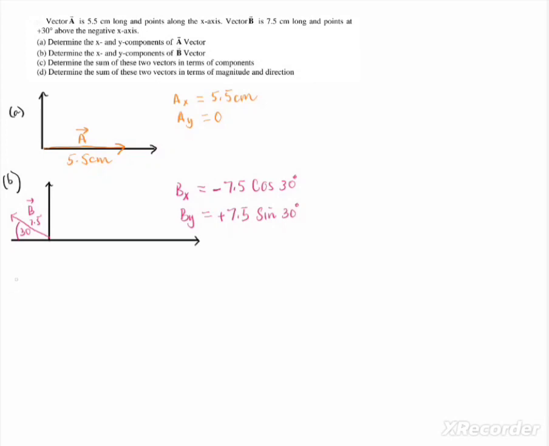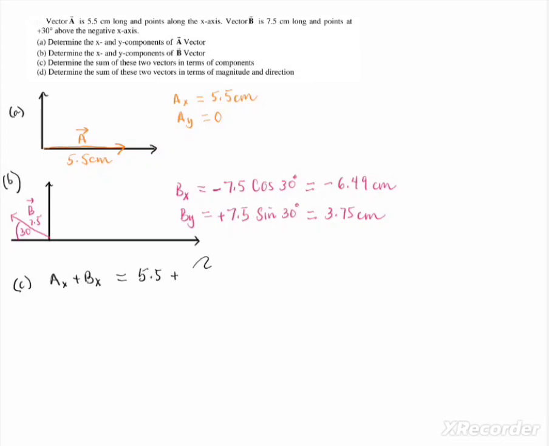And then part C, it's asking what is the sum of these two vectors in terms of components. So we want Ax plus Bx, so that gives us 5.5 plus the value of Bx here, which is negative 6.49 centimeters, and By comes to 3.75 centimeters.